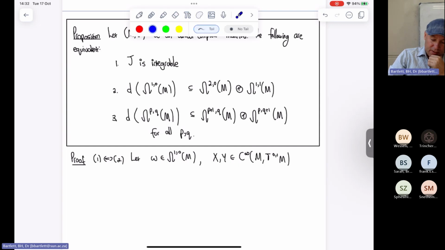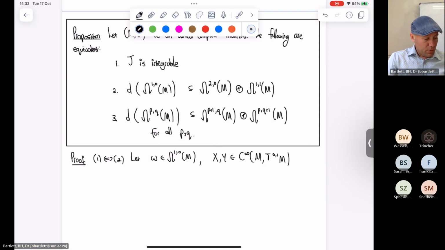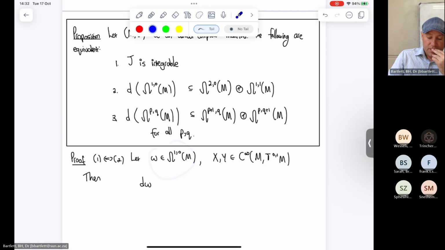So omega is a (1, 0) form, and x and y are (0, 1) vector fields. What do I know? Well, if I calculate d omega, it's going to be a certain 2 form on the manifold, right? Because omega was a 1 form.